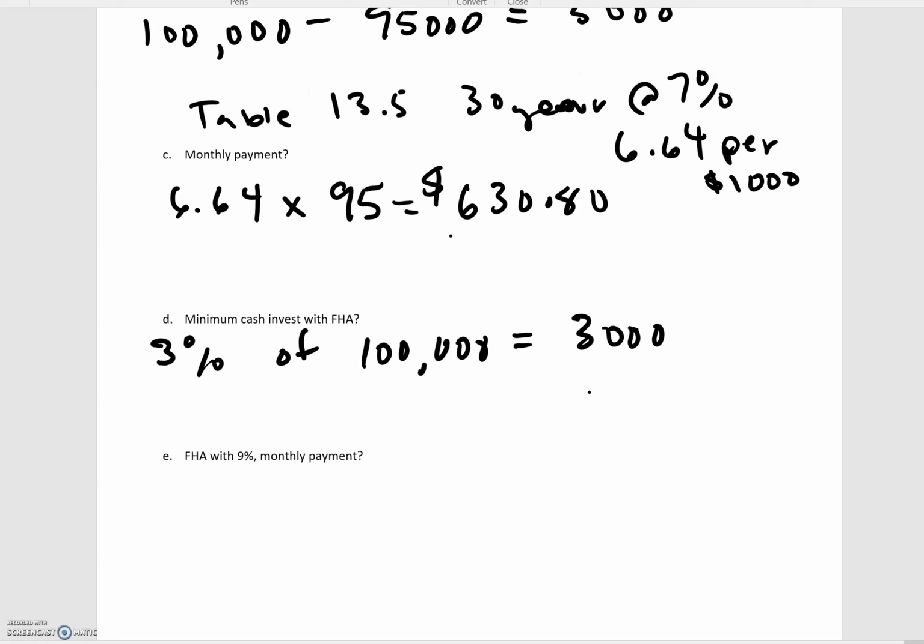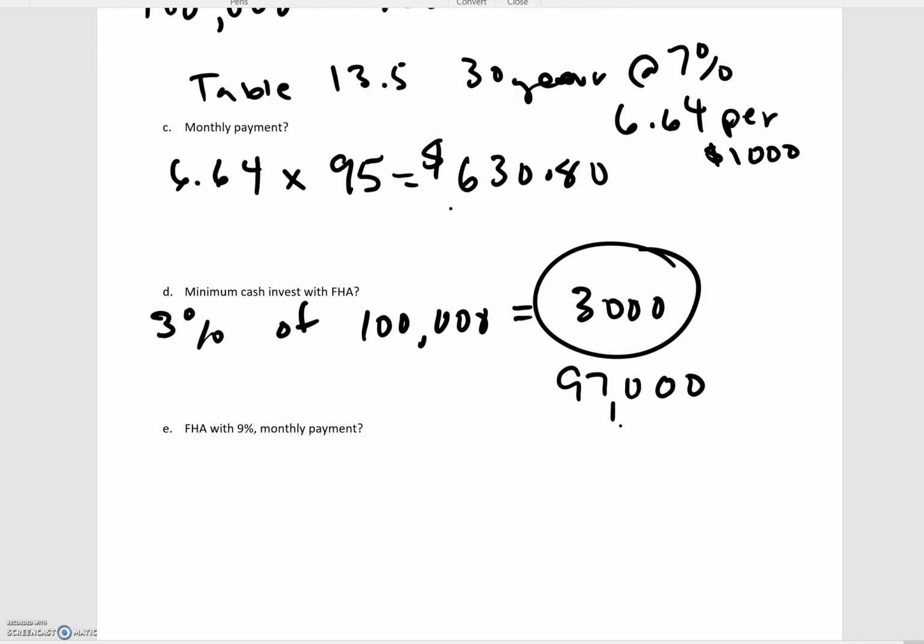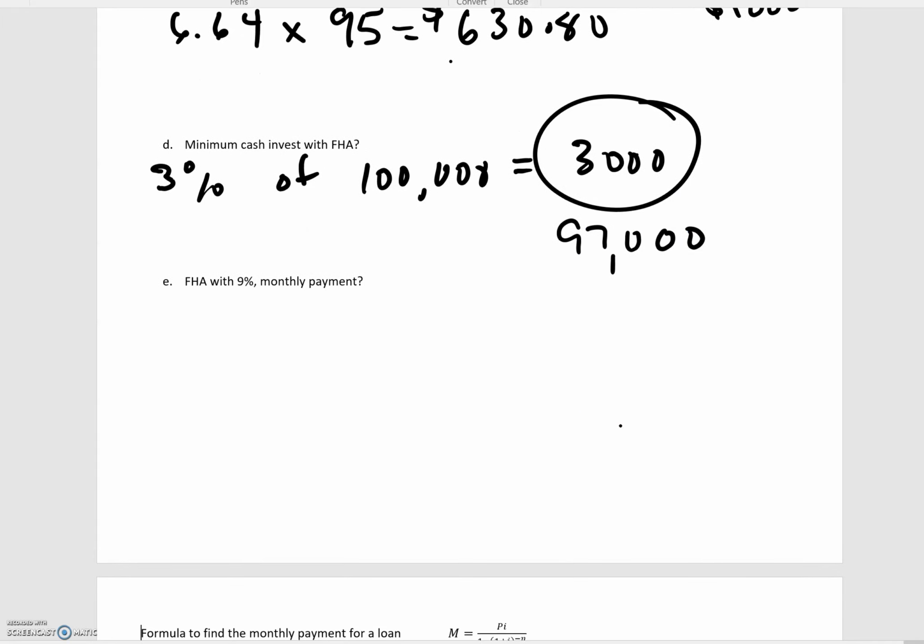So we'll go back to that table again. So minimum cash investment means they would need a loan of $97,000. So if we go to that table, we look at the correct time allotment, match it to 9%, and I'm hoping that you see that the table says $8.05 for every $1,000.